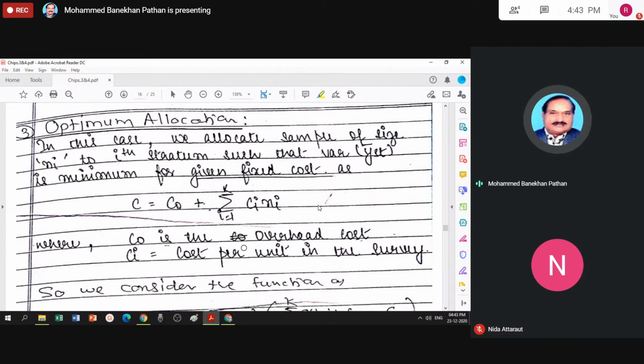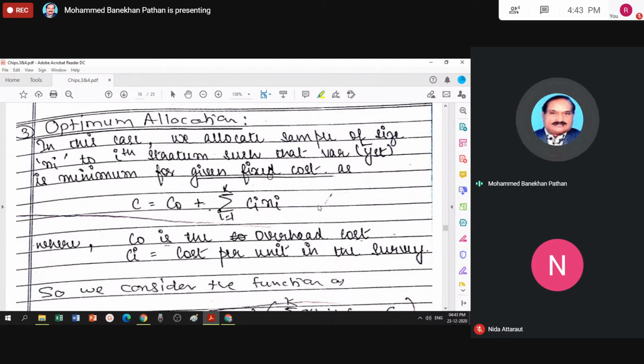Before going ahead, let me explain the difference between Neyman allocation and optimum allocation. Under Neyman allocation, we decide ni such that variance will be minimum under the condition that total sample size is fixed. That is Neyman allocation.